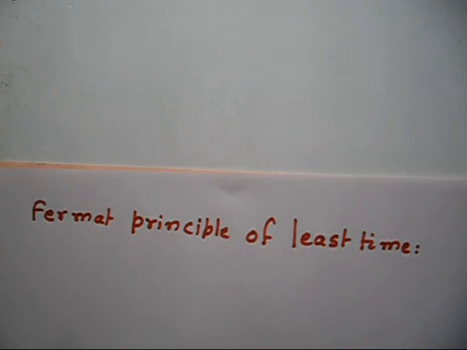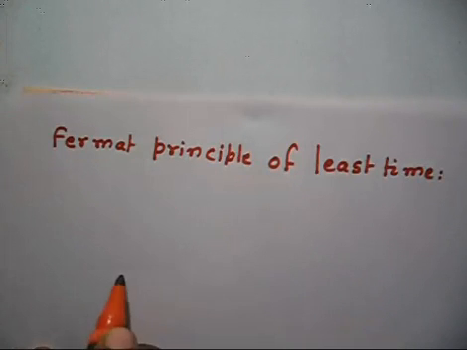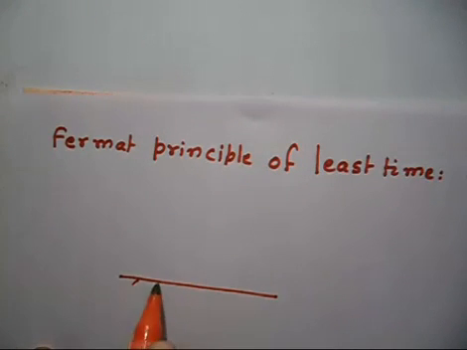Now this problem says a ray of light traveling with a speed of c leaves a point A in the figure given here. So let me first draw the figure so that things become easy. I have here a surface, which is basically a mirror.